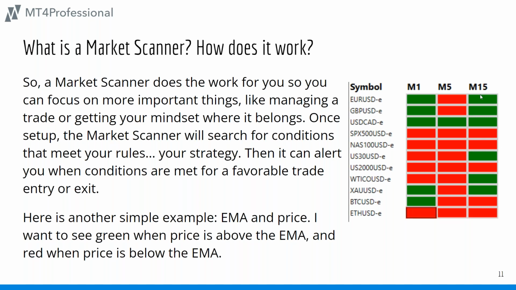So you can see across 3 different time frames, this is looking at the EMA and price strategy, where I'm looking for a green signal if price is trading greater than the EMA based on the close of price, and I want to see a red signal if price is closing below the 15 period EMA based upon close of price. So looking at this very quickly, I can see that the dollar Canadian is very bullish.